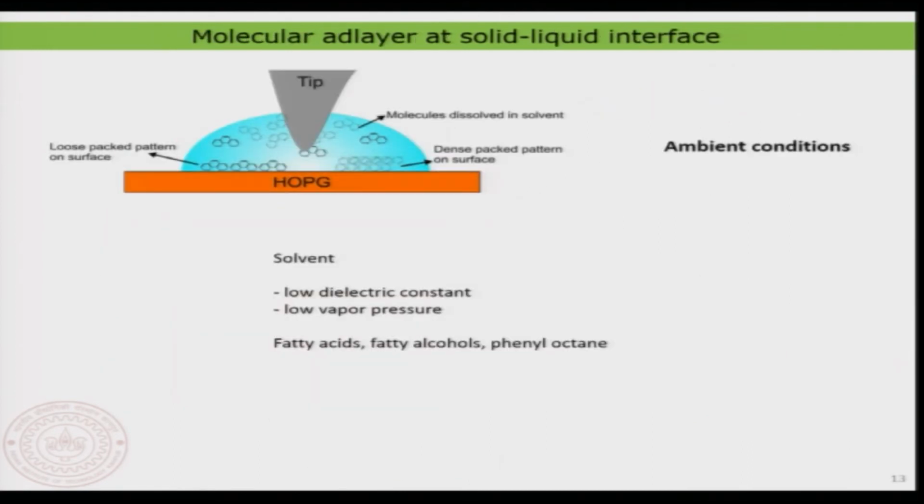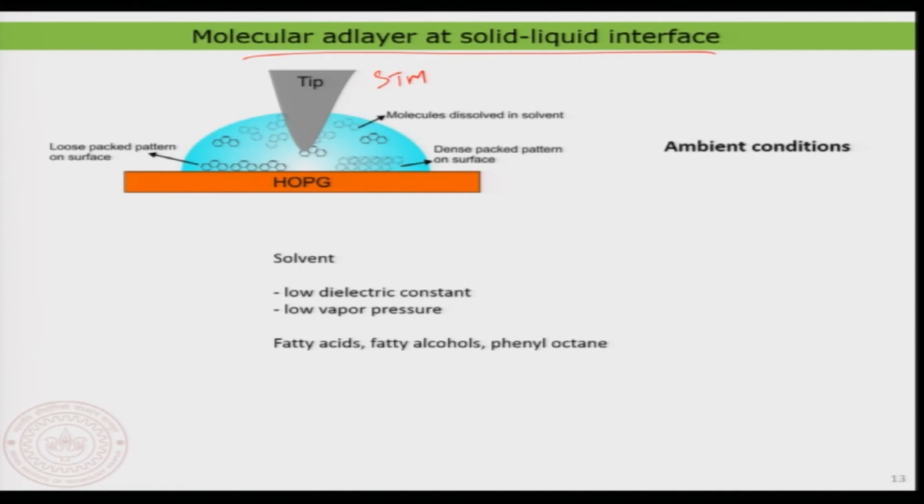Now what I want to discuss with you is the molecular adlayers that are formed at the solid liquid interface. This is slightly different, because so far what we have been discussing is molecular adsorbates on solid surface, which was a solid state film. But now, what you are seeing is a scanning tunneling microscope itself, which is capable of imaging molecules inside a liquid.